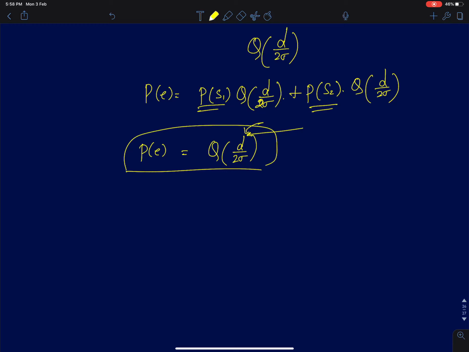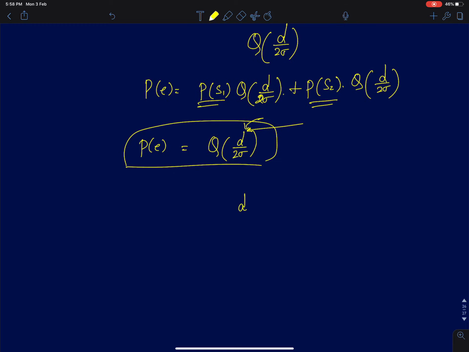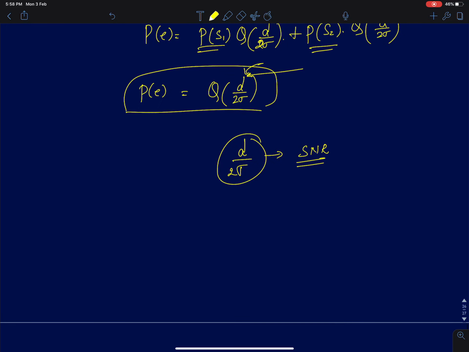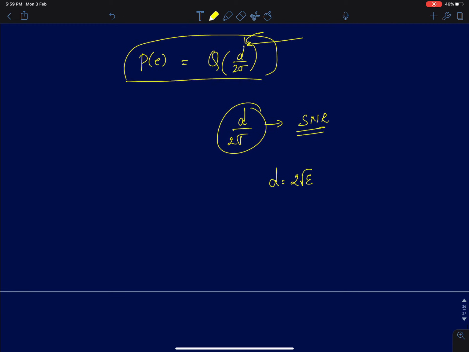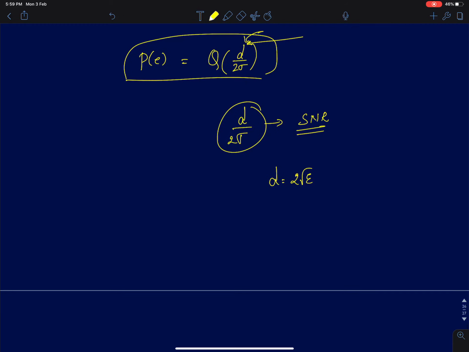Now this function, if you plot it, so this term d by 2 sigma is what we call the signal to noise ratio, because d contains information about it. If I actually write what is d, d is simply 2 root E. So if I substitute that in this expression, and sigma square is N naught by 2.